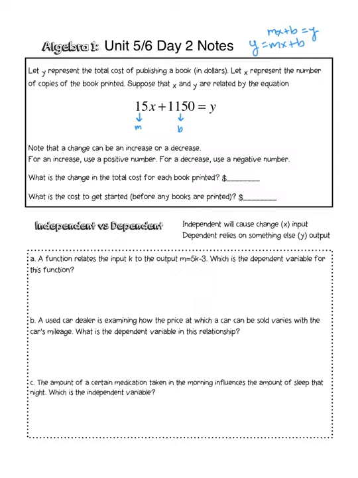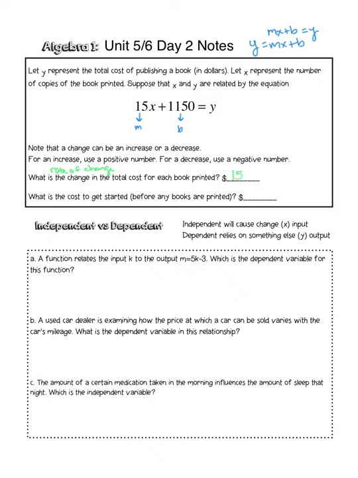Now we're going to answer the questions. What is the change in total cost for each book printed? Well, that would be the rate of change. Look at the equation. Which number is affected by an increase of books printed? The M, 15. The M value, which is the slope.